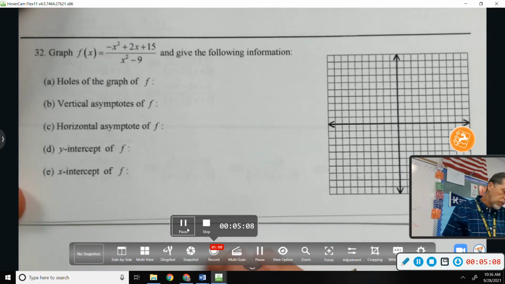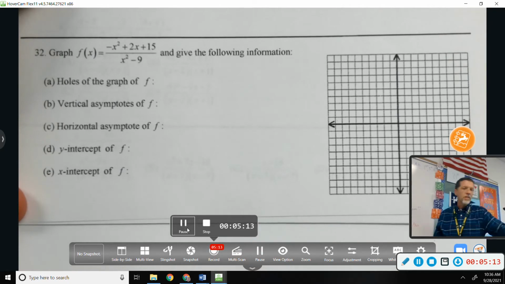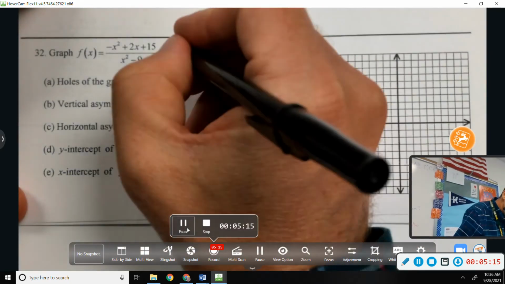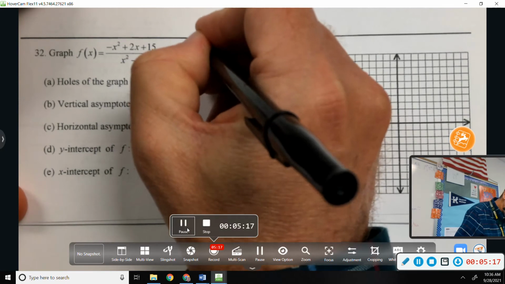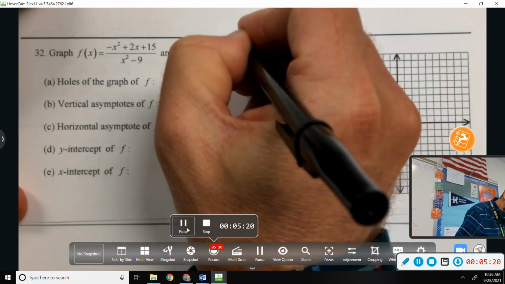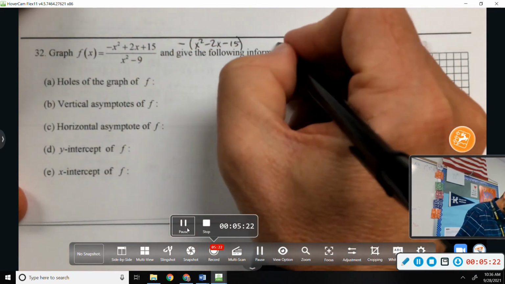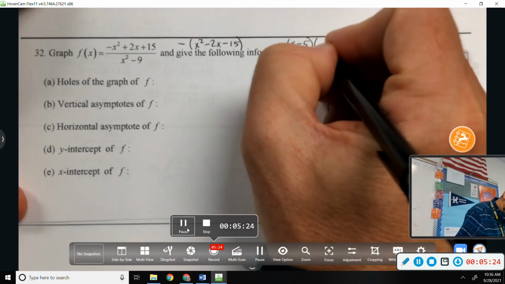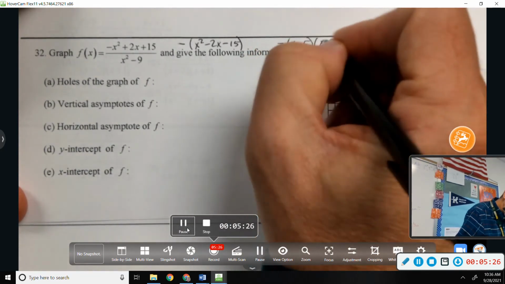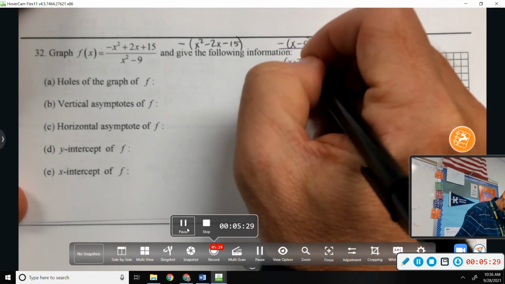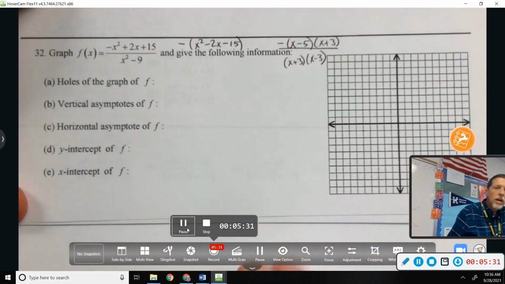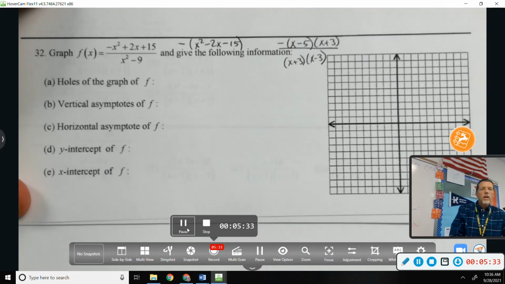So number 32. What should I do first on number 32? Factor it. And I'm going to factor out that negative to make life a little easier. All right, are there any holes? Any holes in this graph?